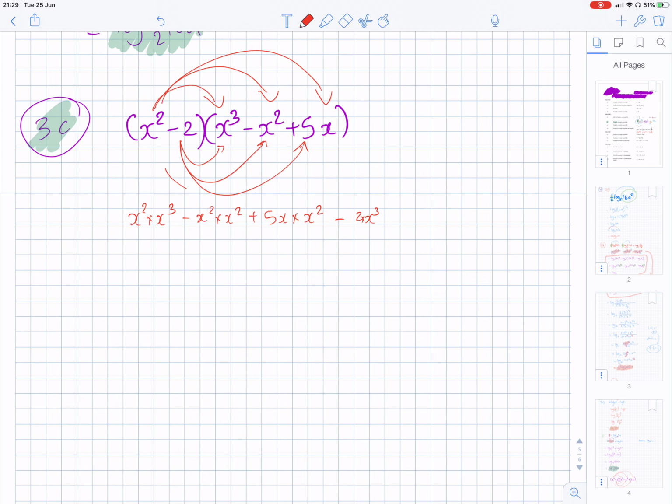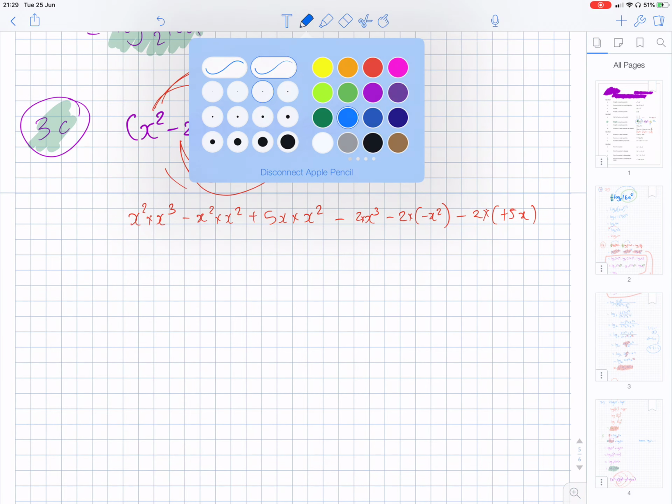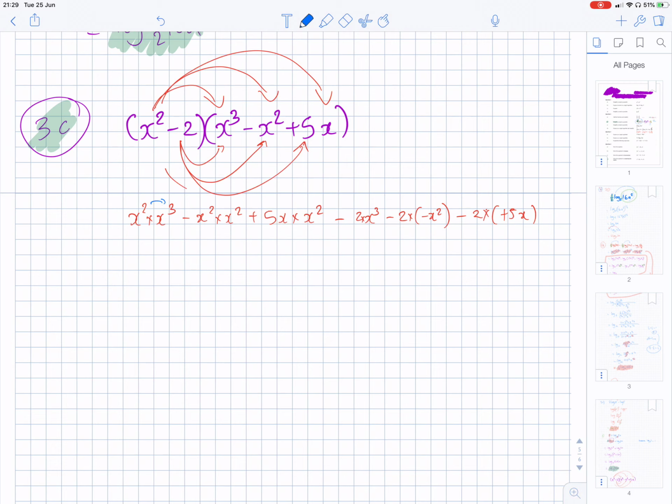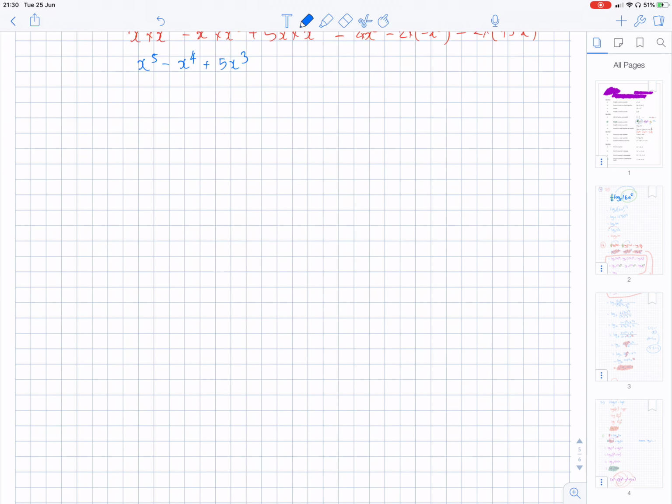So we've multiplied minus 2 times x cubed, minus 2 times minus x squared, minus 2 times plus 5x, like that. 2 add 3 is 5, so this becomes x to the power 5. 2 plus 2 is 4, minus x to the power 4, plus 5x cubed, because 1 plus 2 is 3.